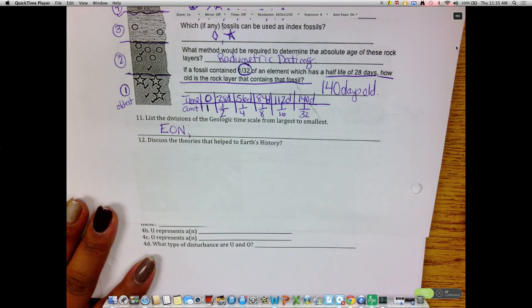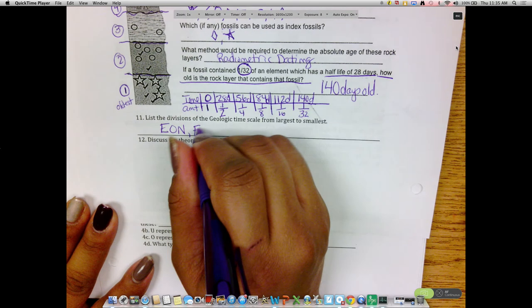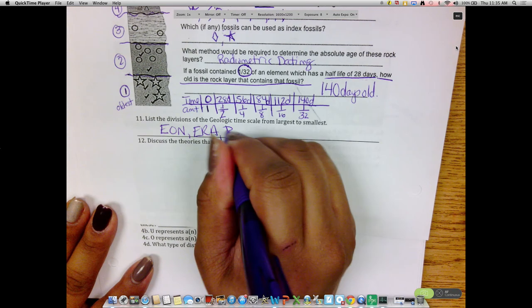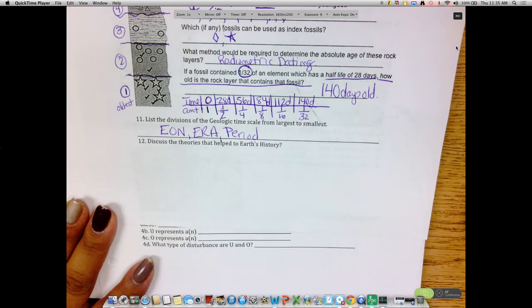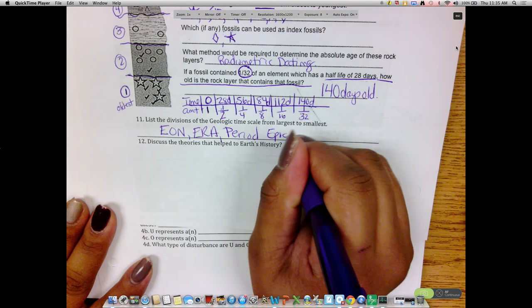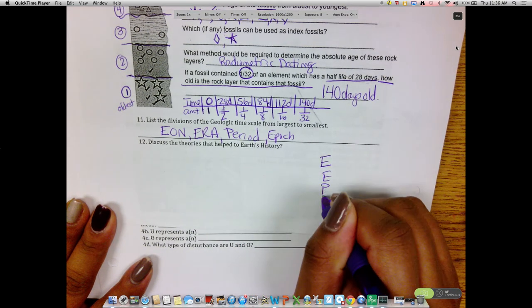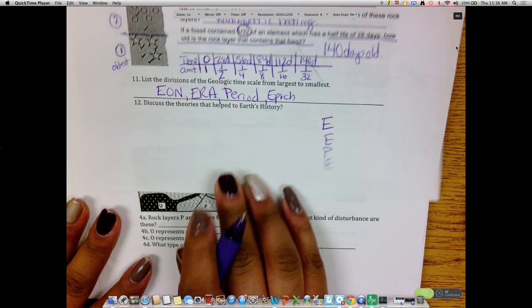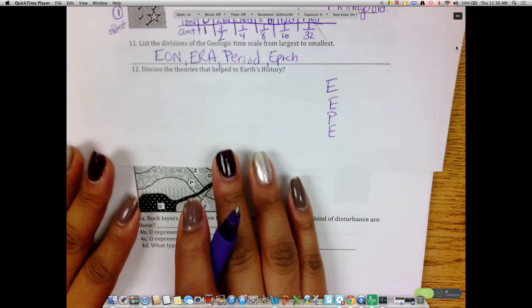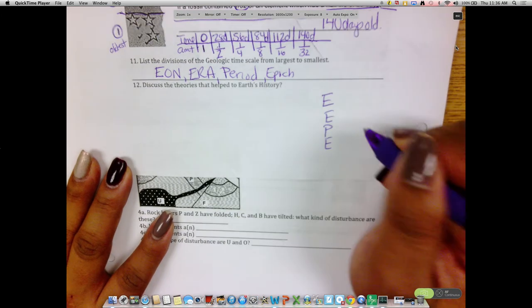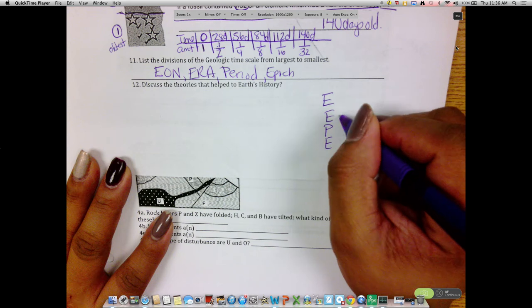Then we have era. Then we have period. Then epoch. Now we didn't come up with an acronym for this, but we could. Someone in the last class said Edward eats pizza every day.